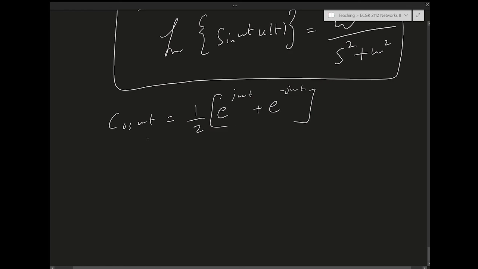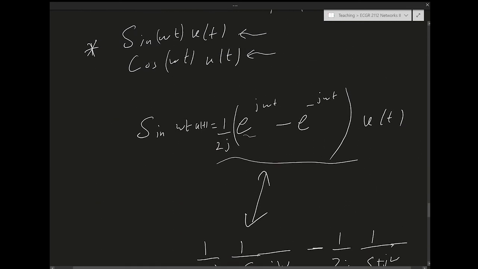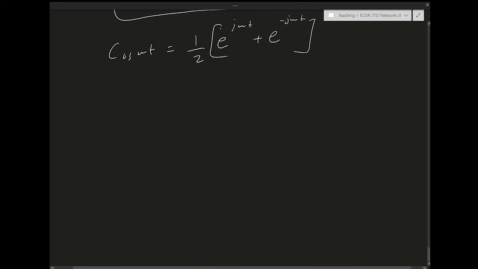So this is the first technique that we did for the sine, or we could differentiate the cosine twice and do the calculation that way. All right. So let me actually do it the second way.